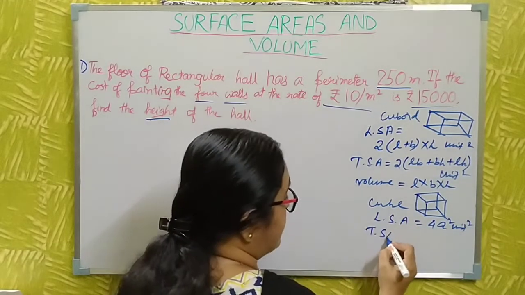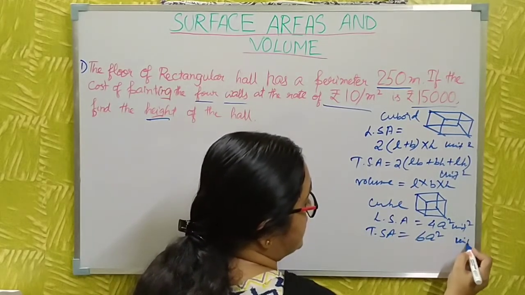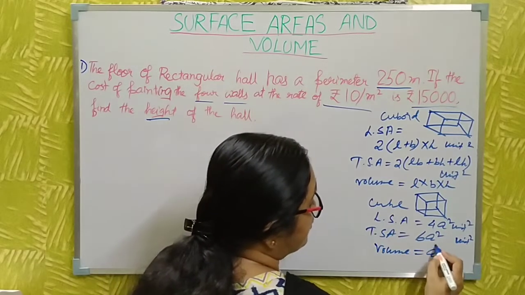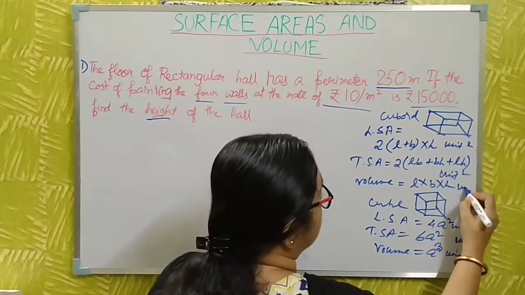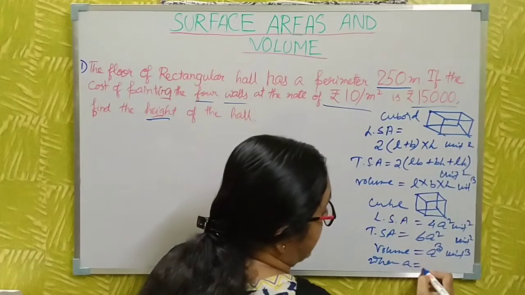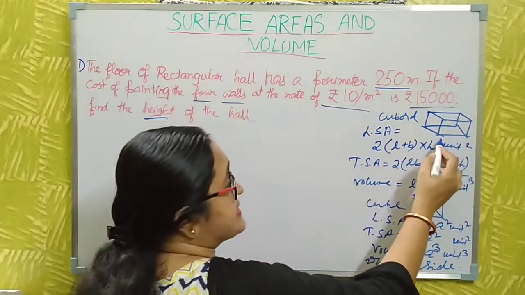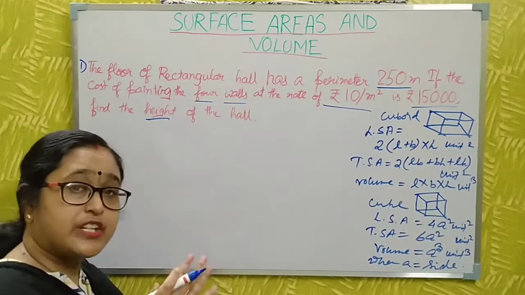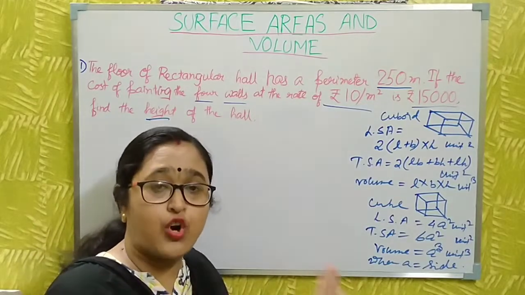And the volume is A cube, unit cube, where A is the side of the cube. And L, B, H are the length, breadth and height of the cuboid. I just recall it and write it here. If you want, you can write it again in your copy.